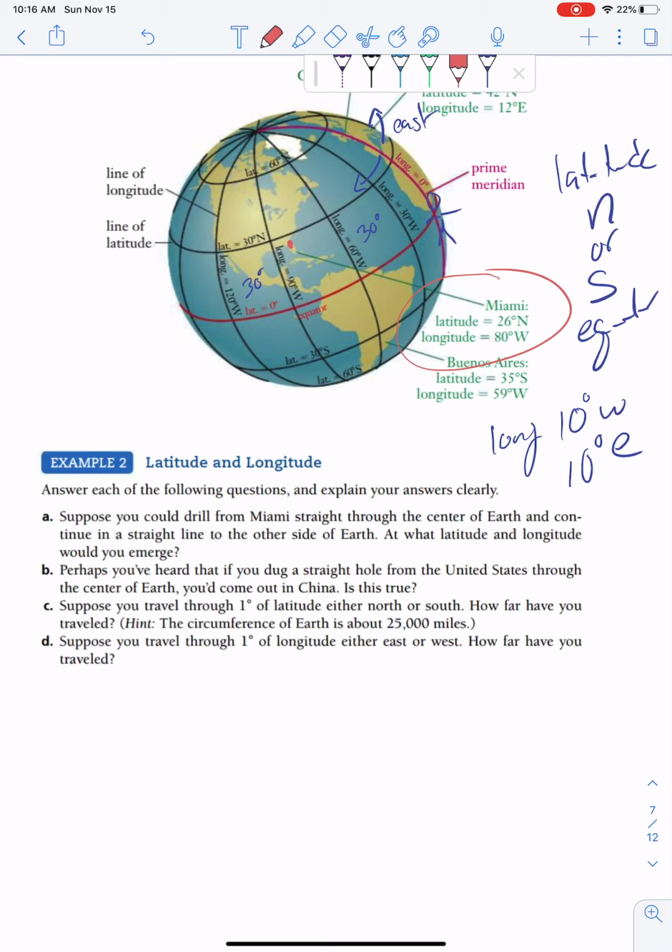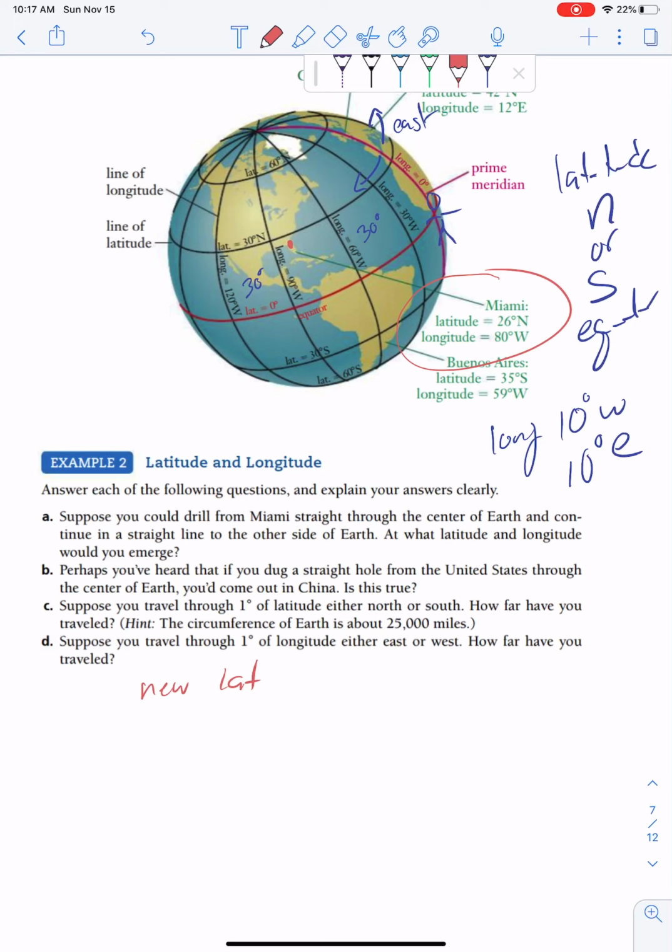Okay, so if I'm traveling through the earth, we've got to be a little bit careful. The way that this works is in order to find my new latitude, all I do is switch from north to south.